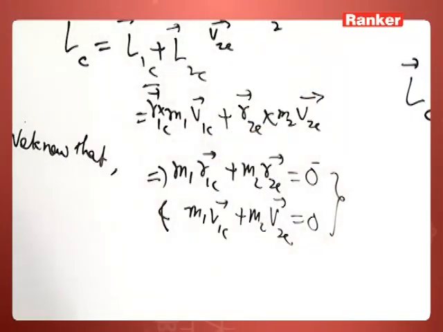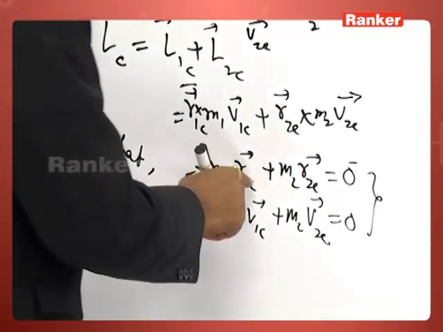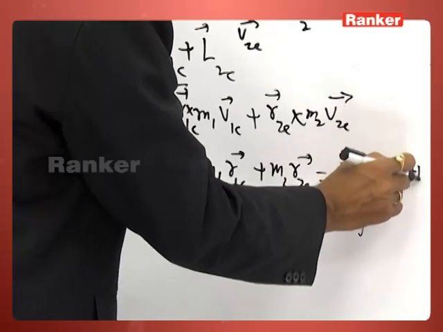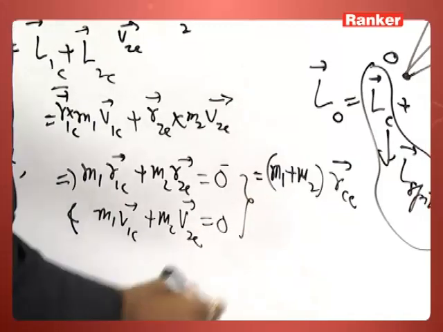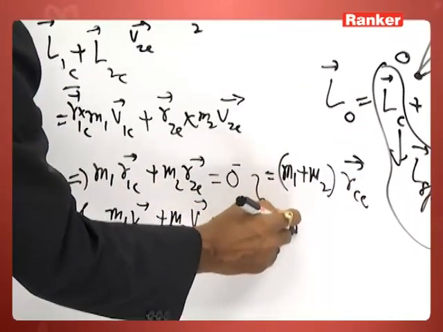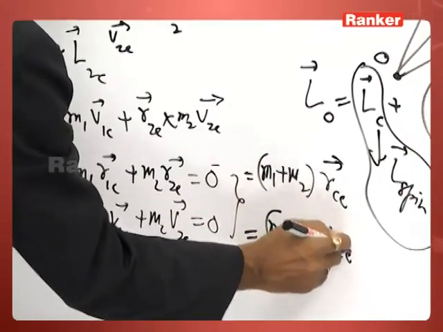As I explained, this is the property of center of mass, because m1 r1c plus m2 r2c is equal to m1 plus m2 times rcc, and m1 v1c plus m2 v2c is equal to m1 plus m2 times vcc.